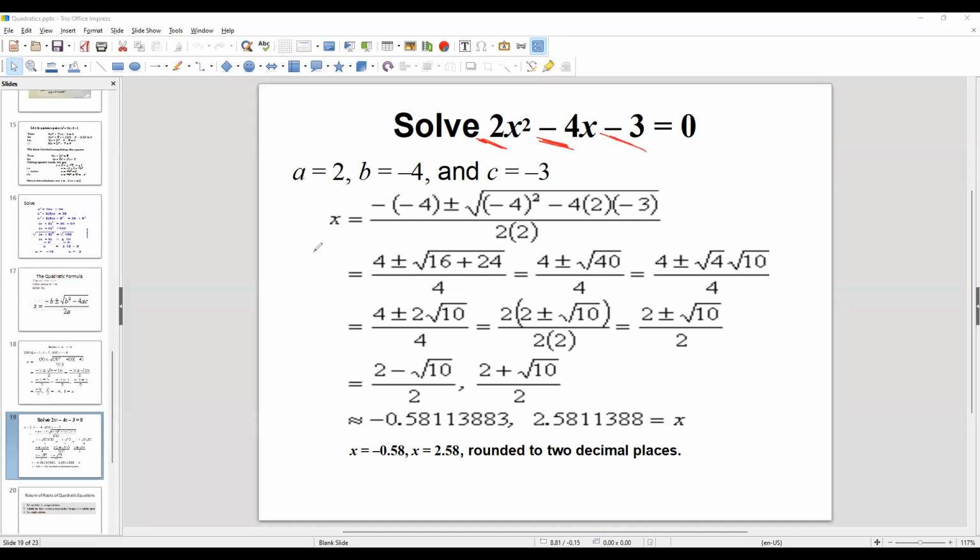So you put in the formula, x equals minus b, but b is also minus, so minus minus 4, plus or minus the root of minus 4 squared minus 4 times a, which is 2, times c, which is minus 3. When you simplify the bottom here, you will get 16 plus 24, which is 40, right?